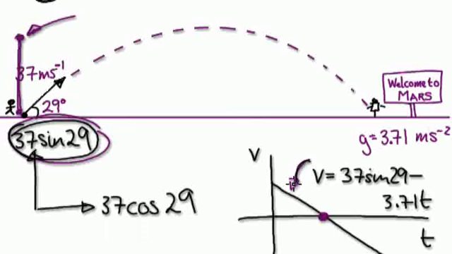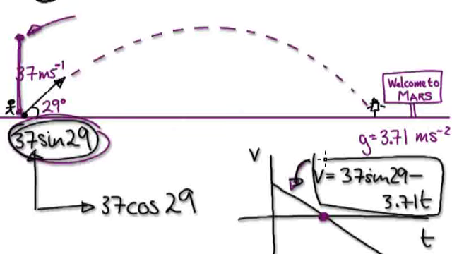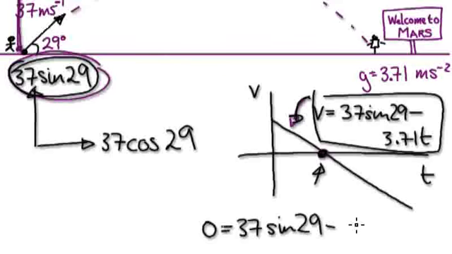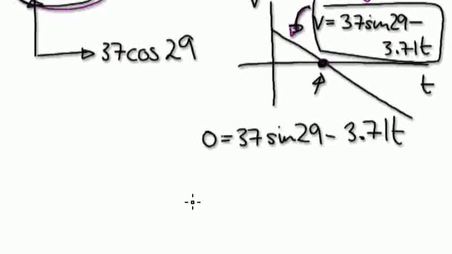So the equation for this line is given by this here. Now because we want to find out the time it takes to get to its maximum height, put 0 into the v. So it will be 0 equals 37 sine 29, take away 3.71 t.